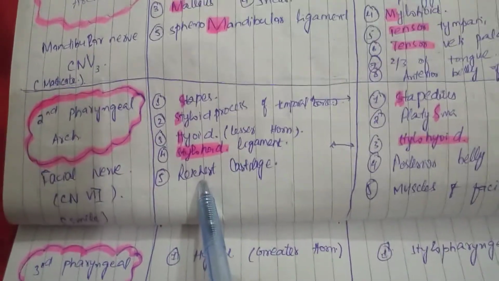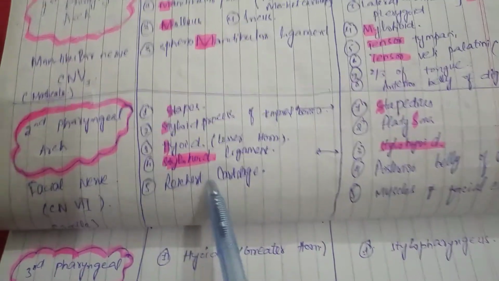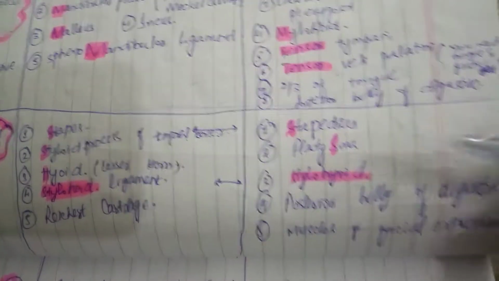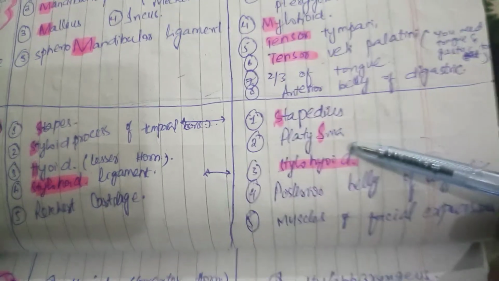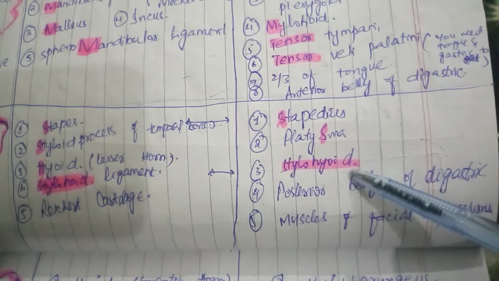And Reichert's cartilage, you know, is the one unique cartilage in this section. Now the muscles. Stapedius, related to the stapes. These muscles are the stapedius and the platysma, and the stylohyoid ligament, so the stylohyoid muscle also.